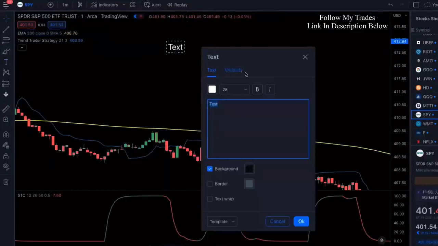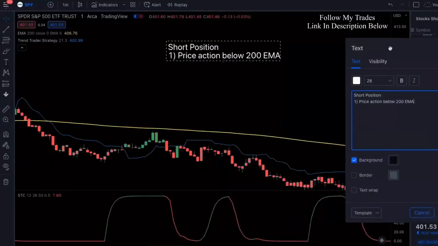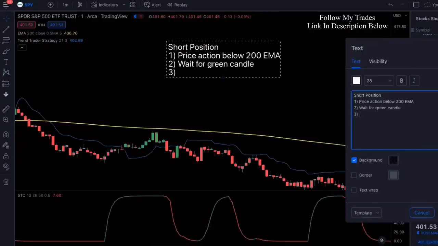There we go. Short position. Rule number 1, price action below 200 EMA. Rule number 2, wait for green candle. See how it is the opposite of what it was for the long position.